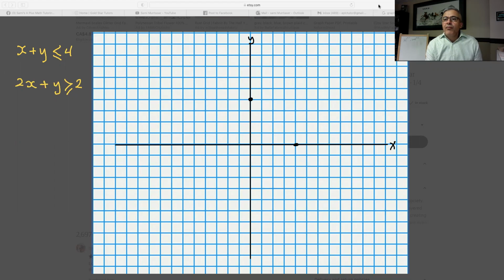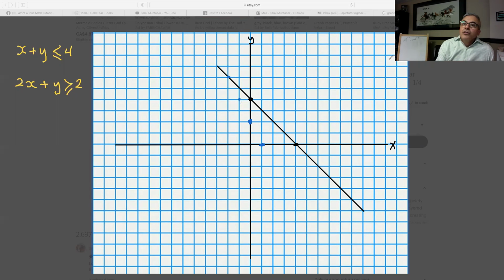And therefore, this line here is just going to look like this. And the other line, if you block the 2x, you get y equals 2, which is right there. And if you block the y, you get 2x equals 2, which means x equals 1. And that's right there.